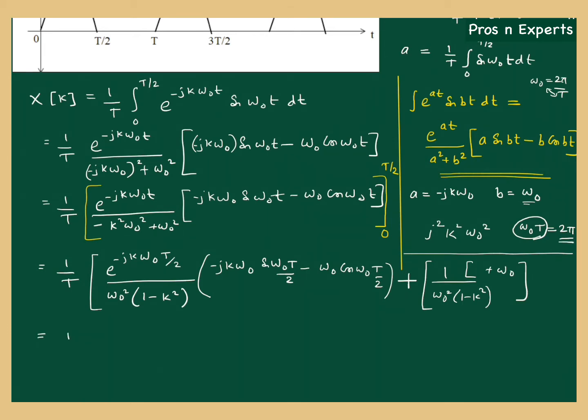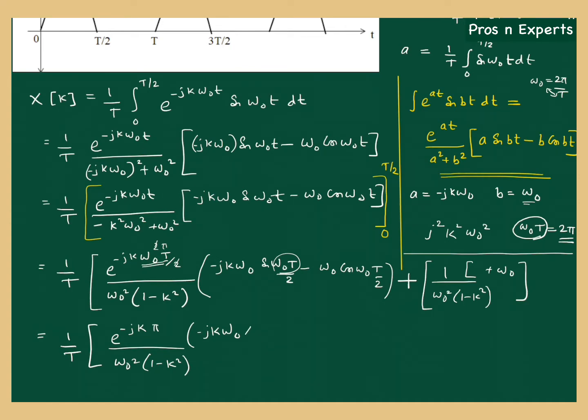So I can write it as 1 by T e raised to, here you can find an omega 0 T. So you can put 2 pi there, so 2 pi, 2 cancel, so e raised to minus jk pi, divided by omega 0 square into (1 minus k square), into, again inside the bracket, minus jk omega 0 into, there is a sine omega 0 T here, so it is sine 2 pi by 2, that is sine pi.